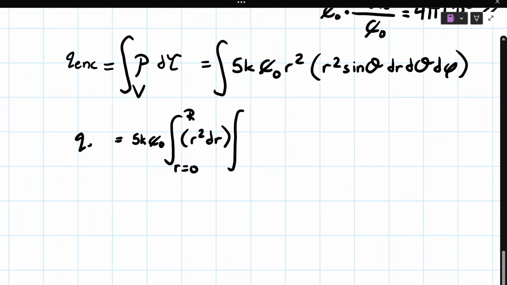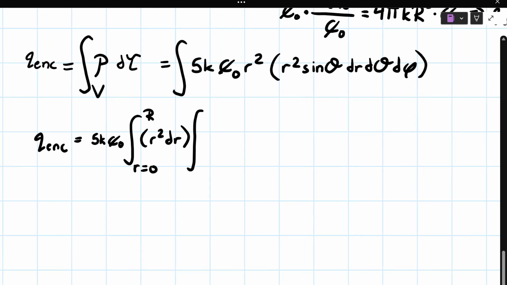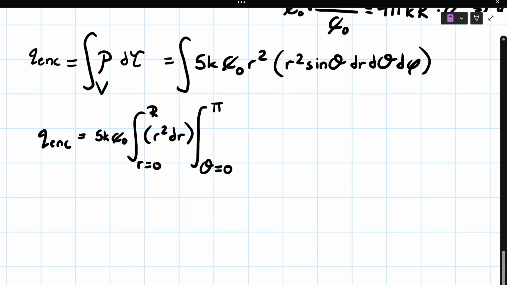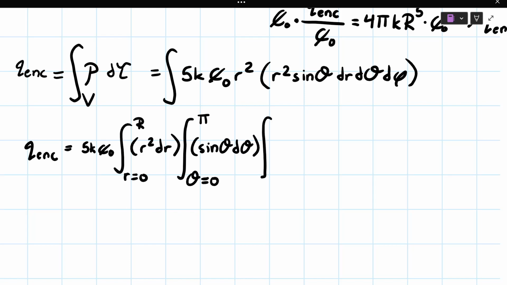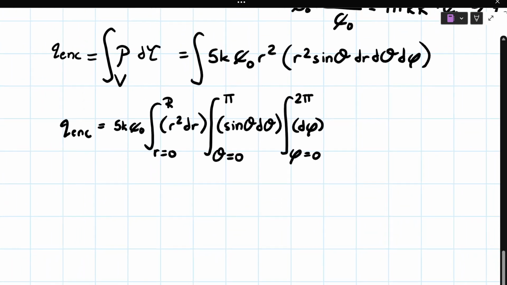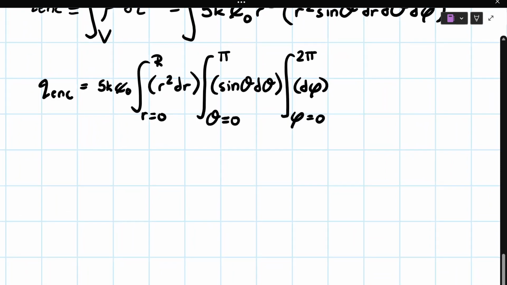Still equals q enclosed. Theta goes from 0 to pi, and the portion of this equation that matters for that is sine of theta d theta. And then finally, the third, phi equals 0, and it goes to 2 pi, and again, nothing but d phi here, okay? And so we do each of these individually.